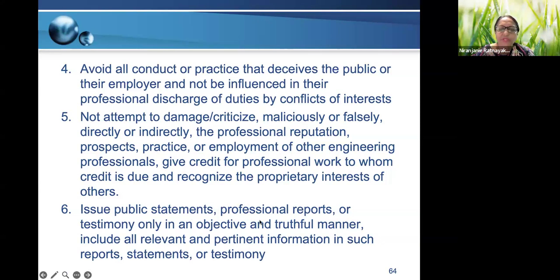And issue public statements, professional reports, or testimony only in an objective and truthful manner. Include all relevant and pertinent information in such reports, statements, or testimony. Right, so that is also there in our code of ethics.